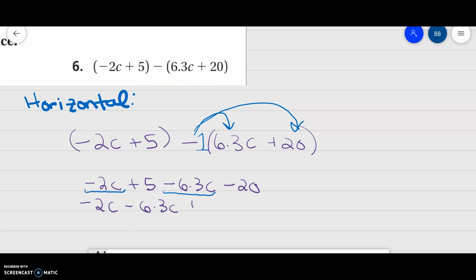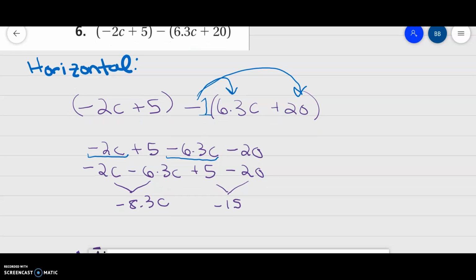All right, then we add 5 and we subtract 20. Well, negative 2 of something minus 6.3 of that same something is negative 8.3 of that something, which in this case is c. And then we do our constants for our like terms. 5 minus 20 is negative 15.